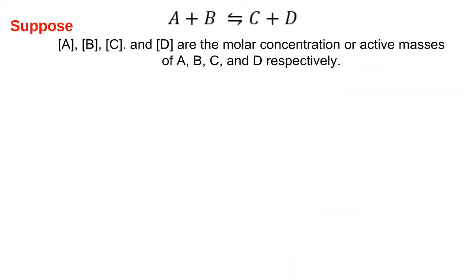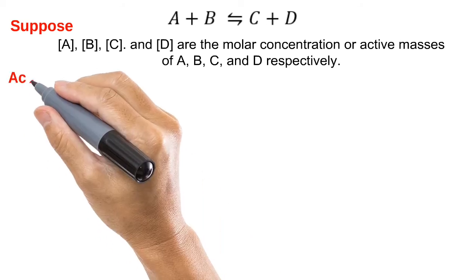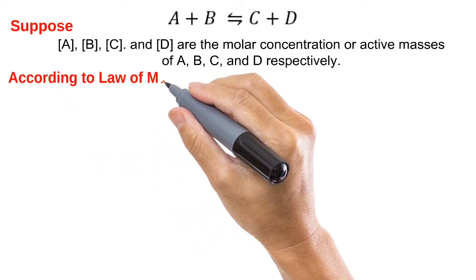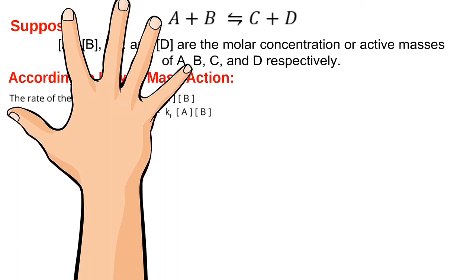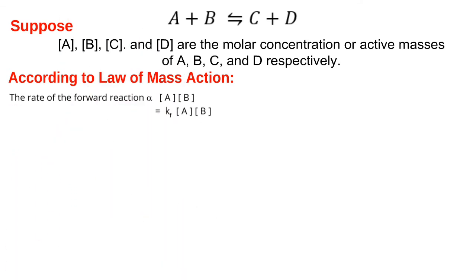According to the law of mass action, the rate of forward reaction is directly proportional to the product of the active masses of reactants, whereas in case of reverse reaction, the rate is directly proportional to the product of the active masses of the products. So in the case of the above general equation, the rate of forward reaction is directly proportional to the product of the active masses of the reactants.